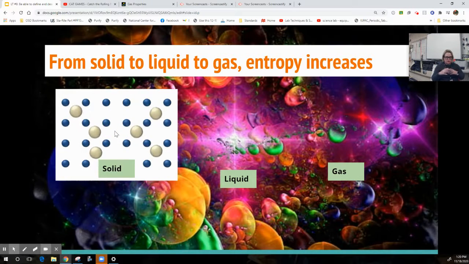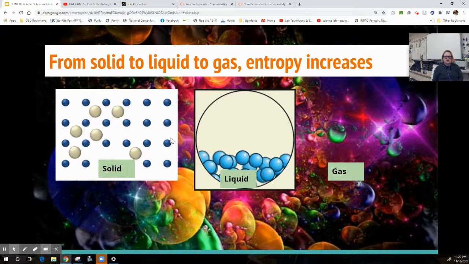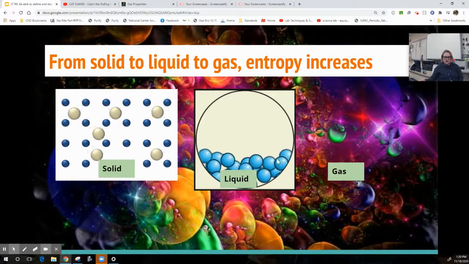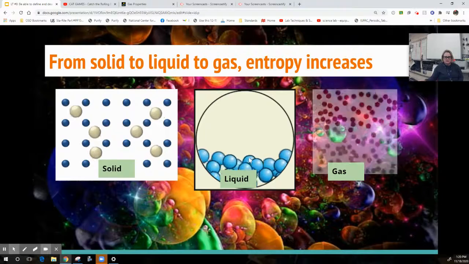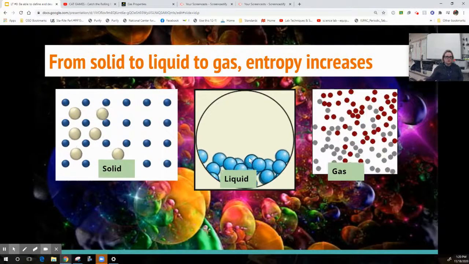But notice those blue particles are pretty much staying in one ordered pattern. Then I go to a liquid, where the particles don't have that structured ordered pattern and are moving willy-nilly throughout the solution. And then if I change it into a gas, all those particles are going every which way whatsoever.